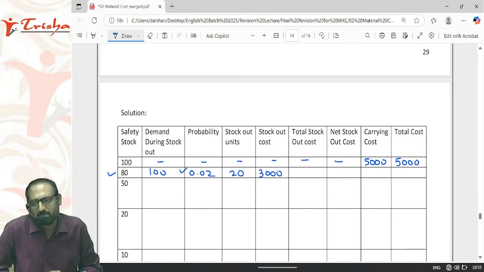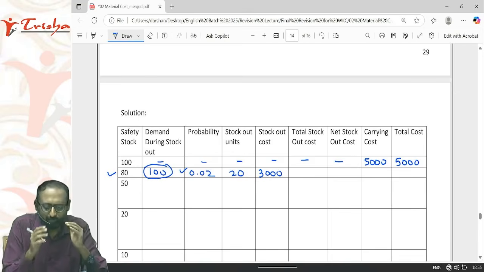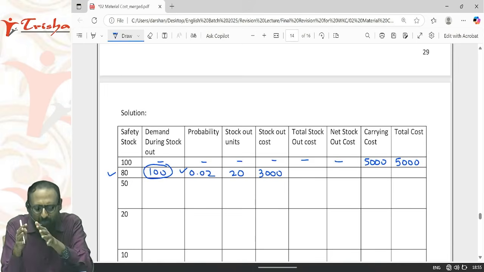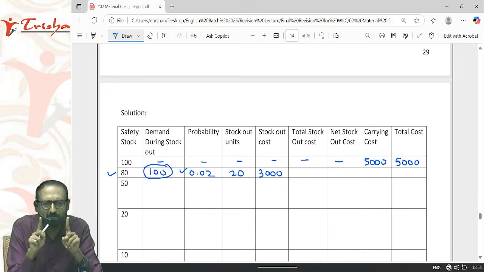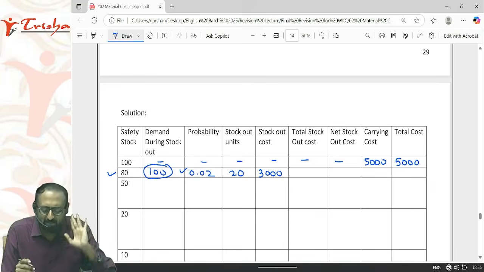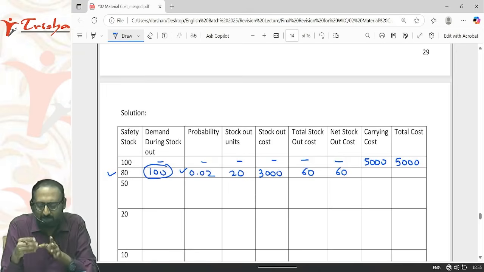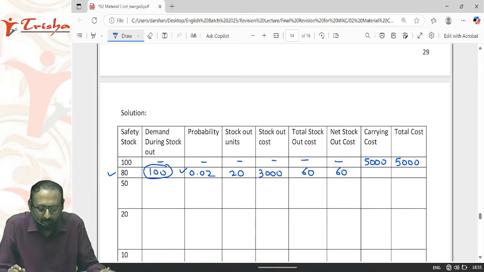Because 3000 will be loss only if demand is 100. Always there will not be demand of 100. Only 2% chance that demand is 100. So, Sirji, 3000 into 0.02, is it 60 rupees, sir? Total also 60. I'll explain why 60 repeated in the next part.